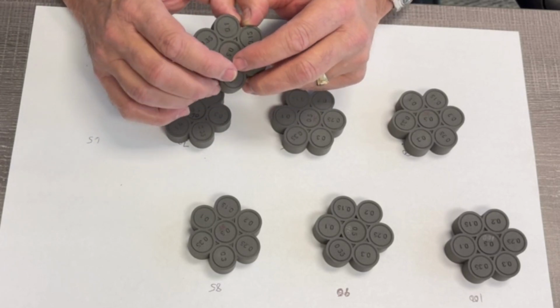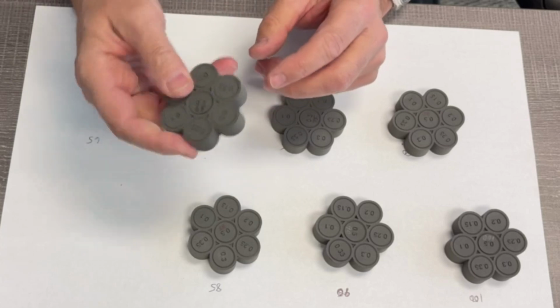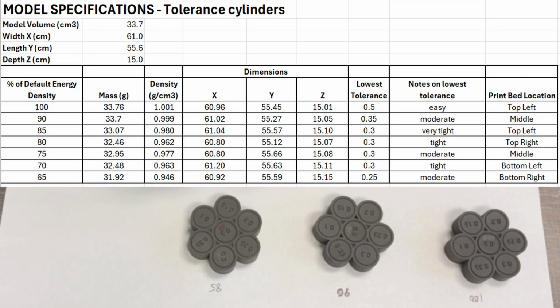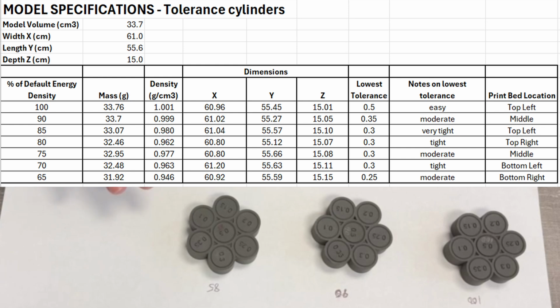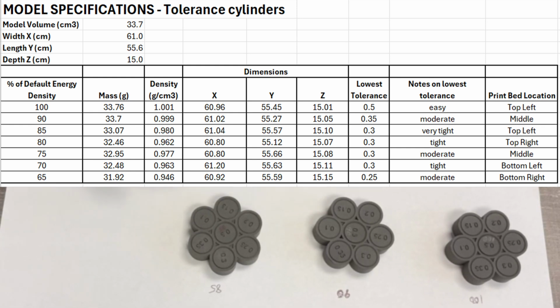Now I will tell you the overall density of this part here was about 0.95, so that's around Formlabs sintered PA12. So I wouldn't think the properties would be significantly impacted. Dimensionally, all these really were literally within 0.2 millimeters of the spec in terms of depth, width, and the XYZ directions.